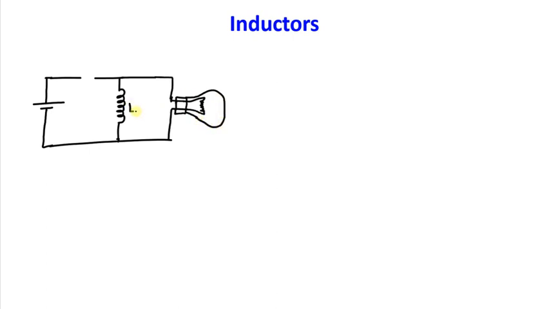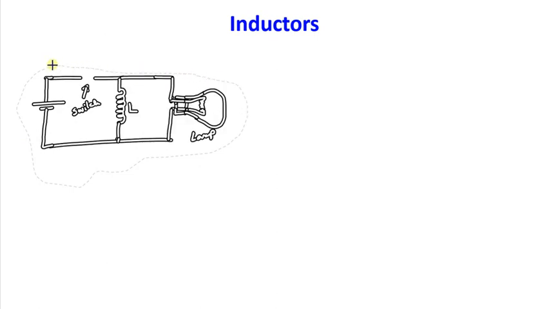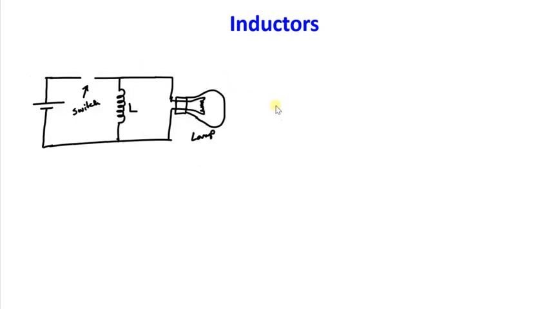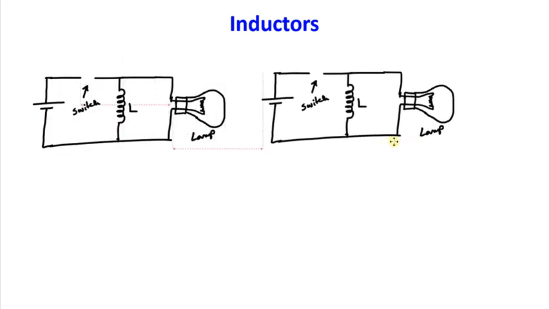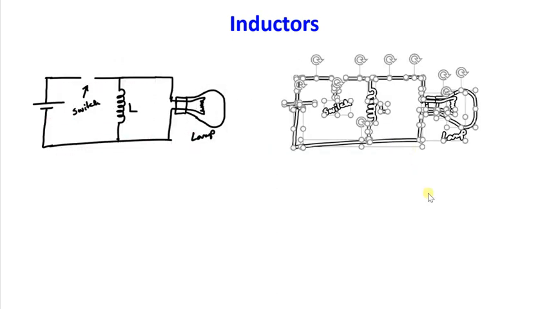This inductance is L, this open position is the switch, and this is the lamp. We need two of these images, one for when the switch is closed and one for when the switch is open. So let me copy and come back to this circuit after 2 minutes.